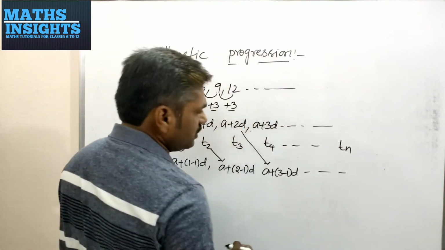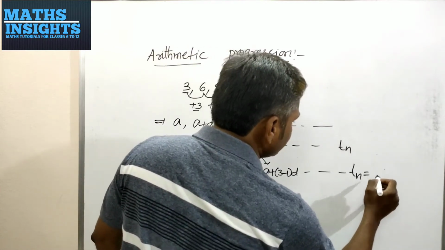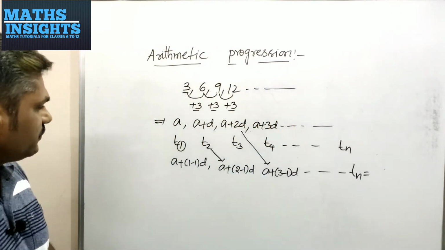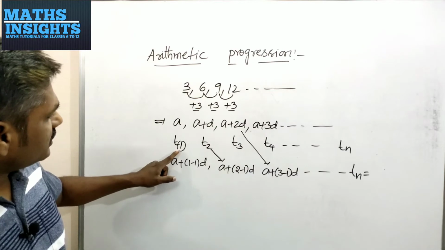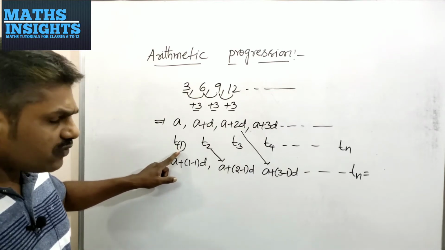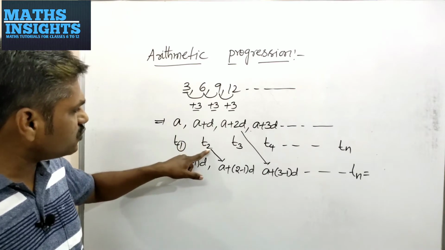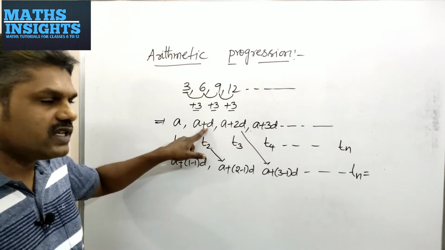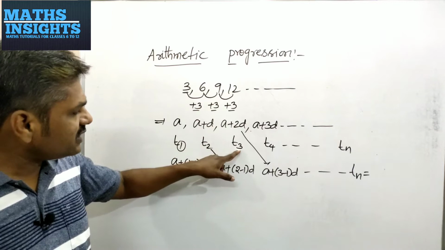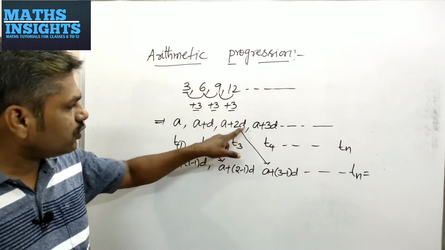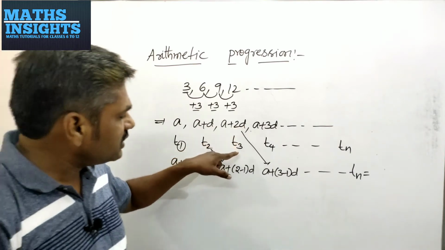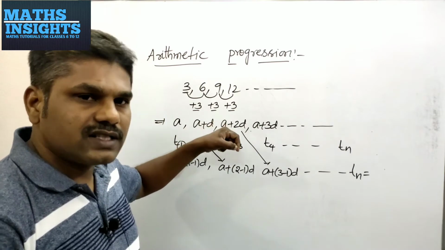Similarly, and so on. How to obtain this nth term? If you see, if your term is 1, then here 0. If your term is 2, then the coefficient of d is 1. If your term is t3, the coefficient of d is 2. That means 1 less than.